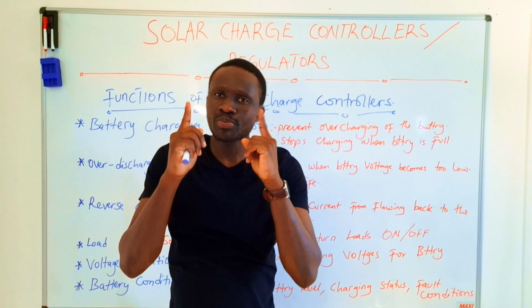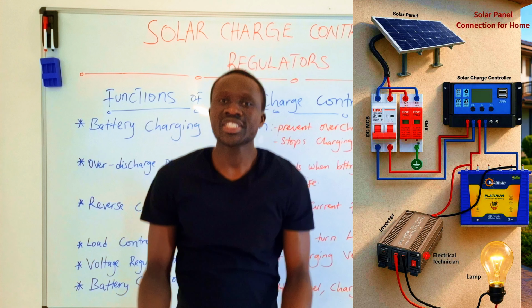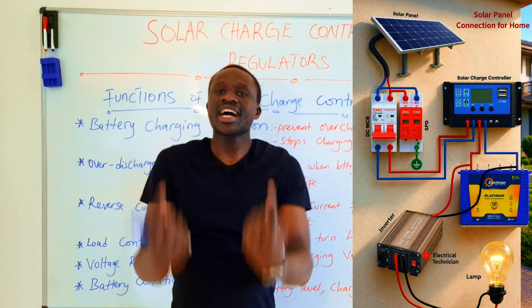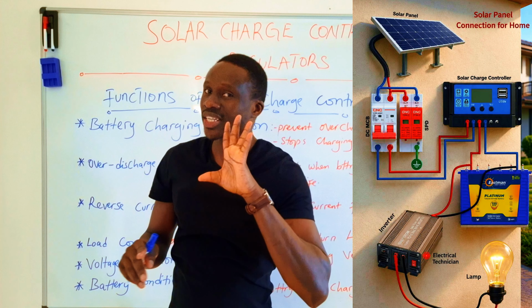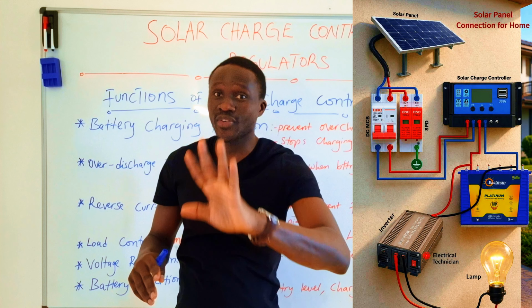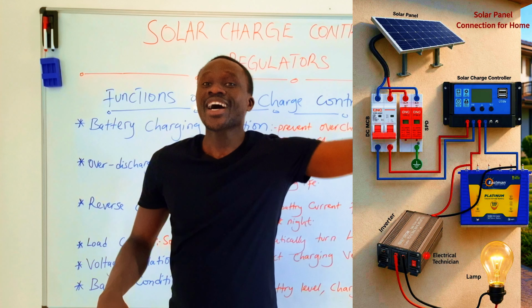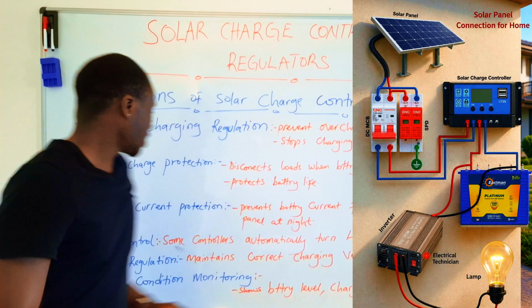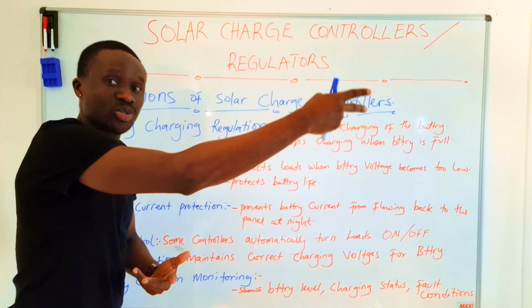Now, once you put your charge controller in the middle, when the battery sends current at night, the current will stop at the regulator. And the regulator will not let the current or voltages go to our panel. It's protecting our panel. That is called reverse current, that current which goes back.